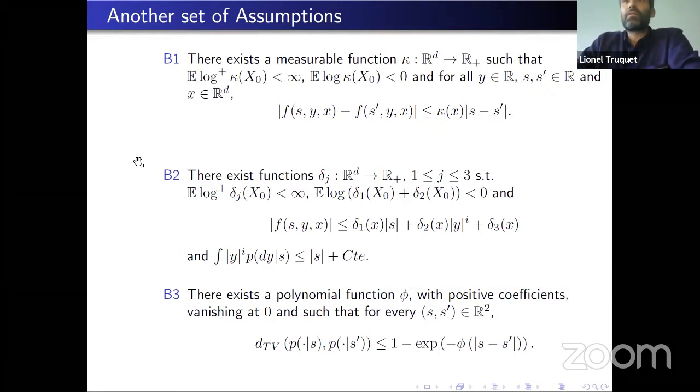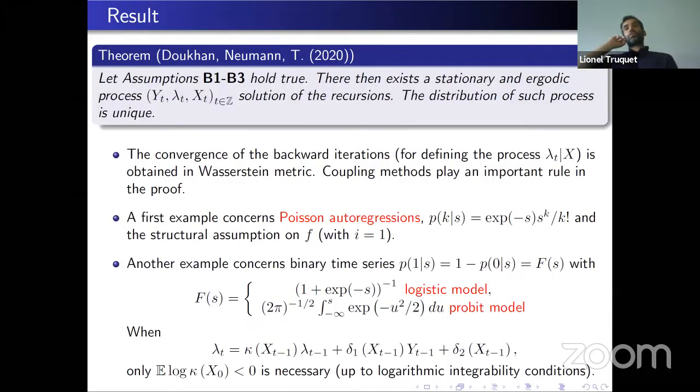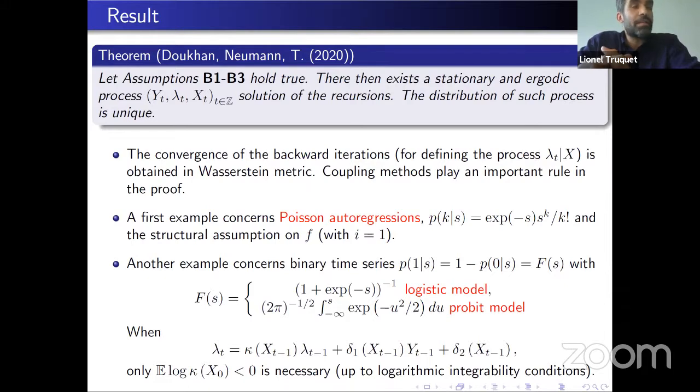So now I will present the result. If these three assumptions are true, there exists a stationary and ergodic solution, and the distribution of such a process is unique. Here the technique is much more complicated. With respect to the contractivity results, the goal was to prove a convergence of the backward iteration of the chain in Wasserstein metric.